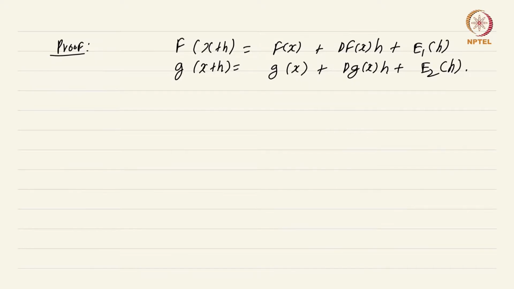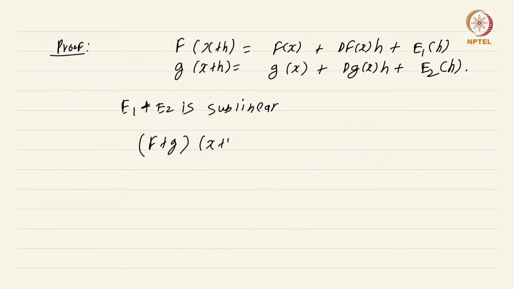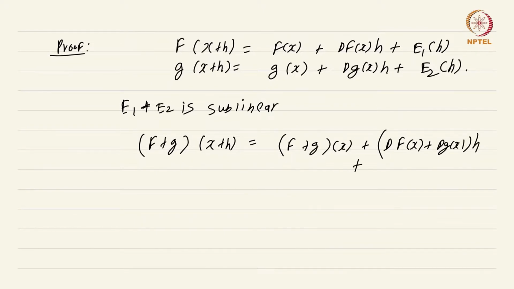Okay, now e1 plus e2 is obviously sublinear. The sum of two sublinear functions is going to be sublinear. So immediately we get (f plus g) of x plus h is equal to (f plus g)(x) plus (dfx plus dgx), the whole thing acting on h, plus (e1 plus e2) of h, and we are done.